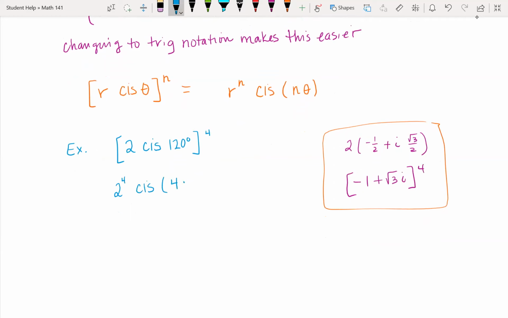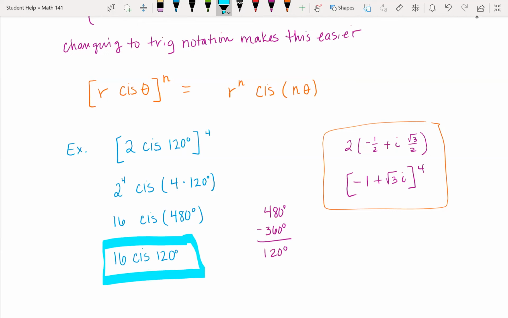To finalize our answer, we're going to take the 480 degrees and just bring it back between 0 and 360. So let's subtract off 360 degrees, which will bring us to 120. So we're ending up with our answer as 16 cos plus i sine of 120 degrees. Interesting that that ended up with the same angle, right? That doesn't always happen. It just happened in this particular example.